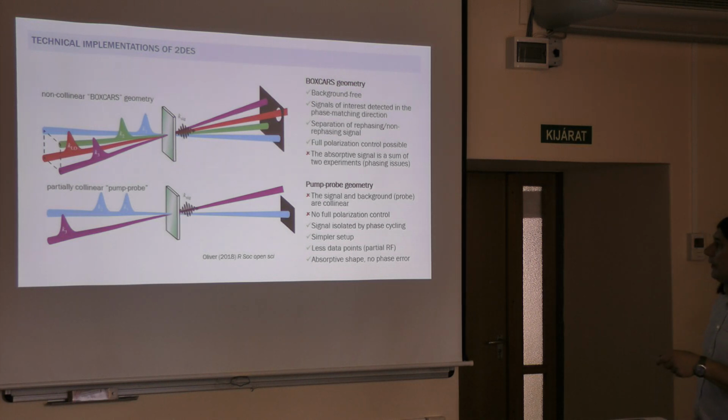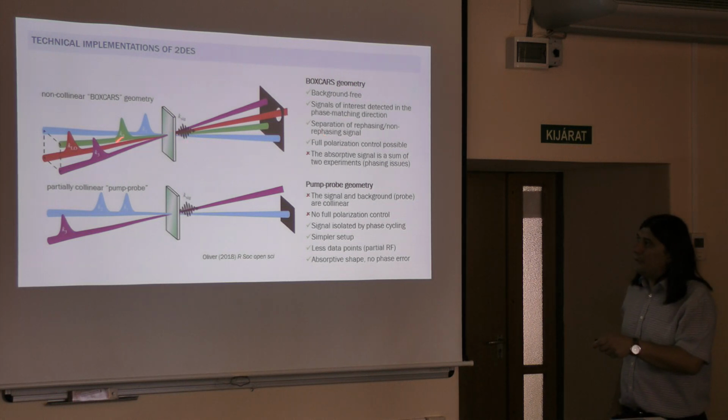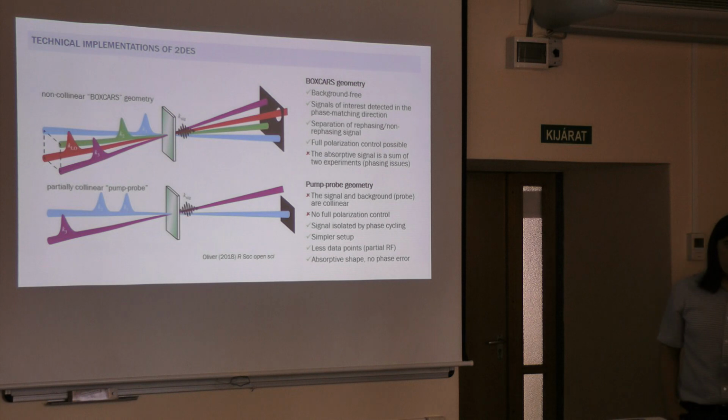So this is the non-collinear geometry, and it is very flexible because you can separately measure the rephasing and non-rephasing diagrams. You can change the polarizations of all the pulses, so you can really control what optical responses you want to measure.